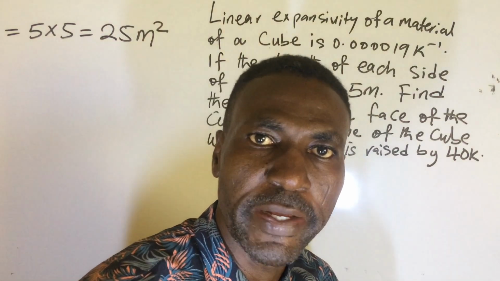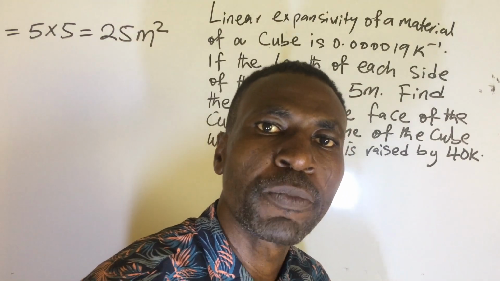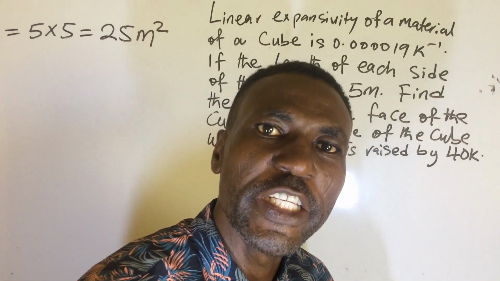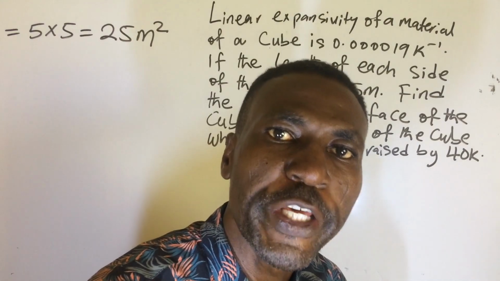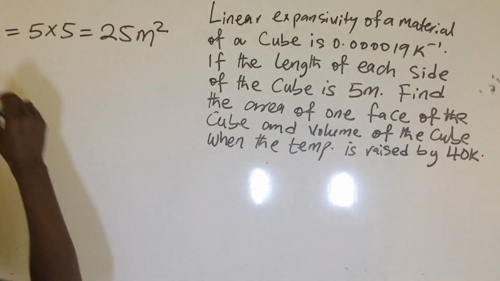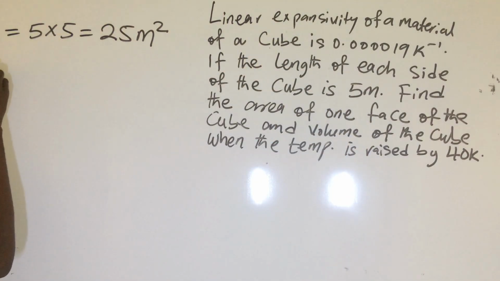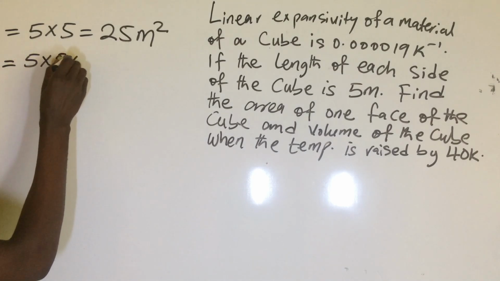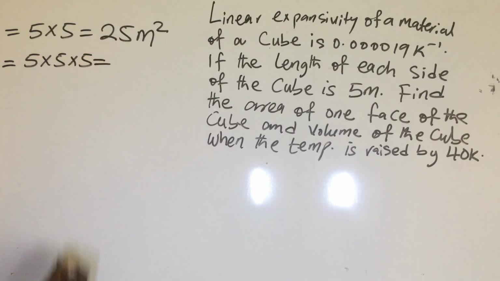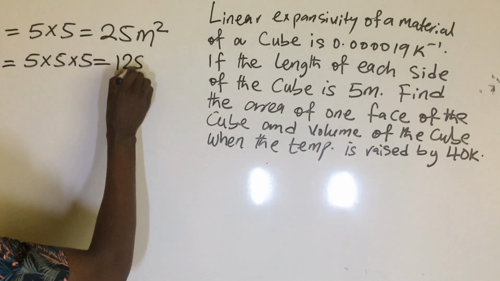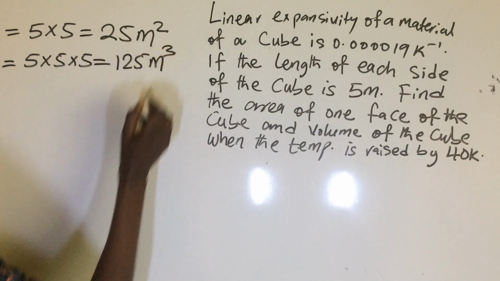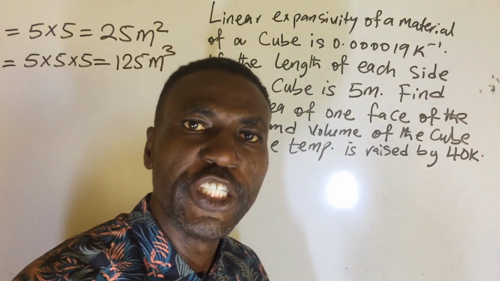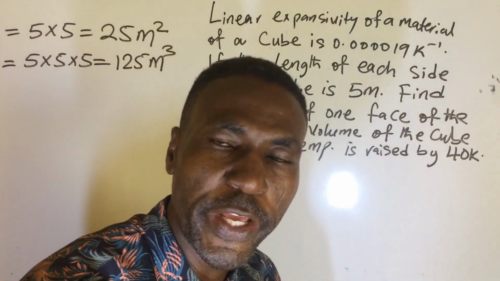Then the initial volume of the cube, V1, equals 5 times 5 times 5, which equals 125 meter cube. So this is the initial area and the initial volume we needed.